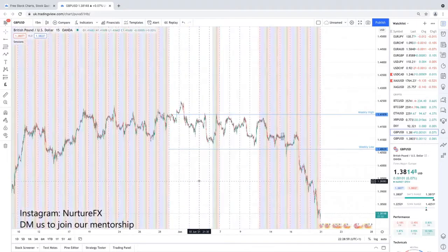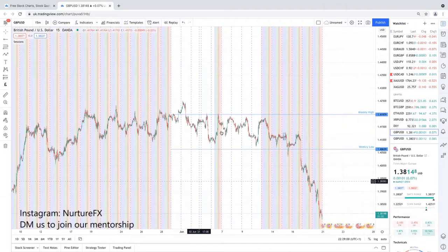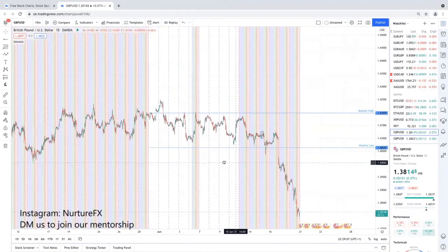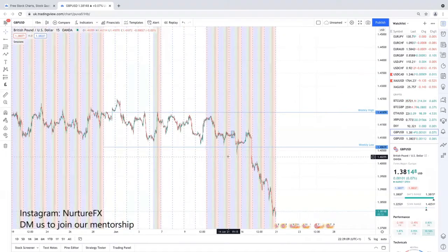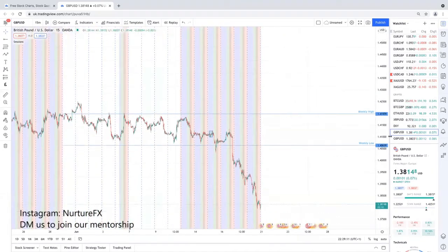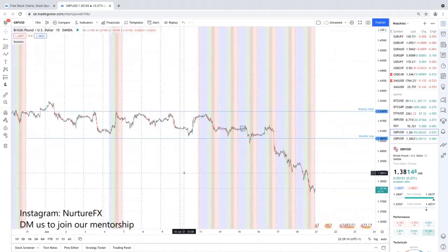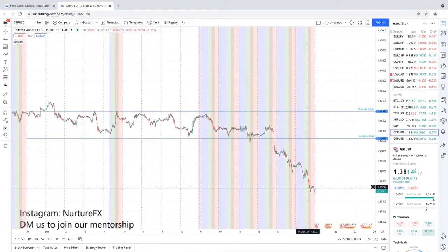Let's just have a look. So this is the previous week right here. This is the week that's just passed, and you can see this big down trend that's happened. And this is the previous week here.